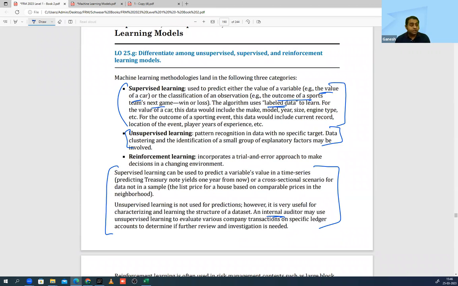It does not tell you that it is suspicious. It is only saying that the behavior of the entries is different. Read this paragraph also and read this internal audit example properly.